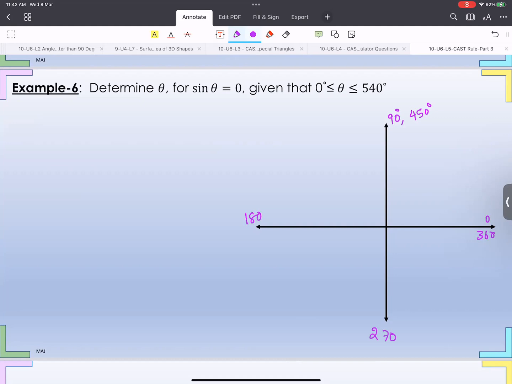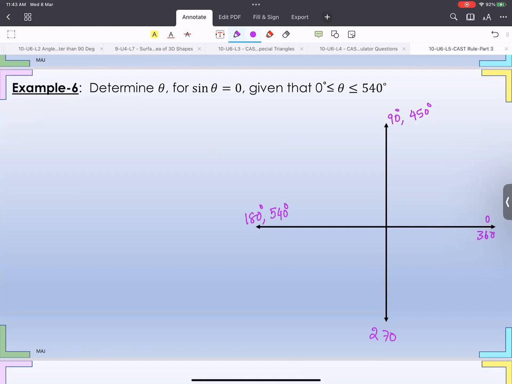When you're working in pi, this will be a lot simpler. You don't have to keep doing mental arithmetic, and you'll be using multiples of pi. But for now, since we're working in degrees, 450 plus another 100 is 550, take away 10, 540 degrees. So that is where we want to start and end.